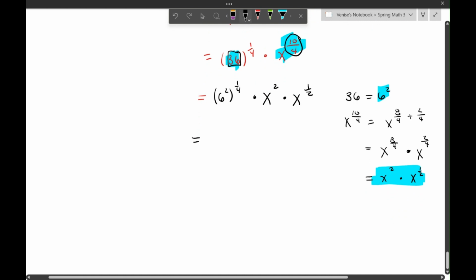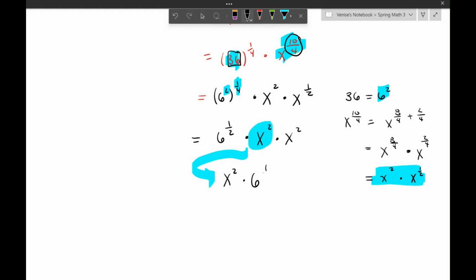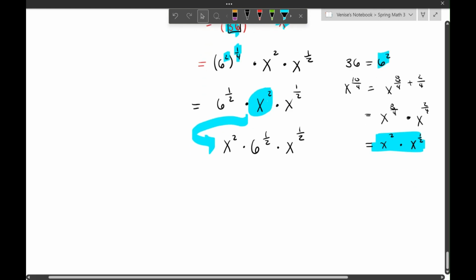So we know that 2 times 1/4 is 2 over 4, which is the same thing as 1/2. Remember, the whole number goes outside. So x goes first, and the number goes next, and then the variable.